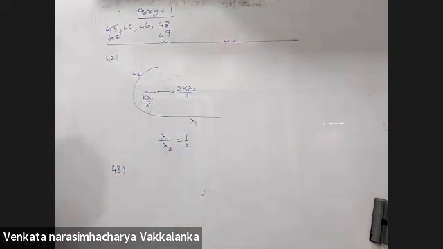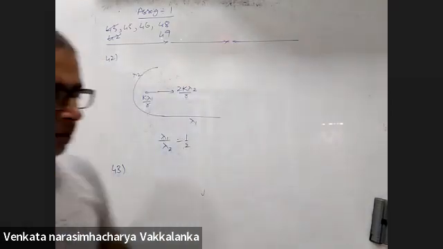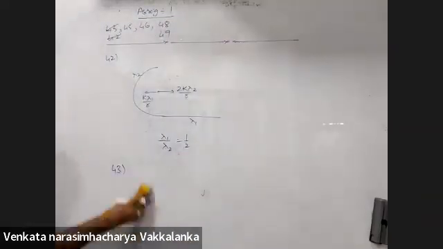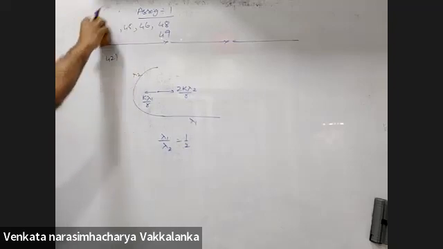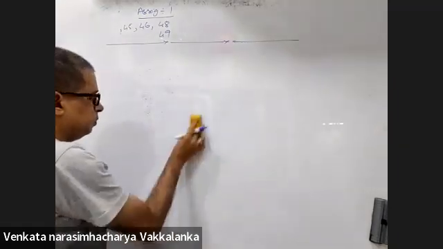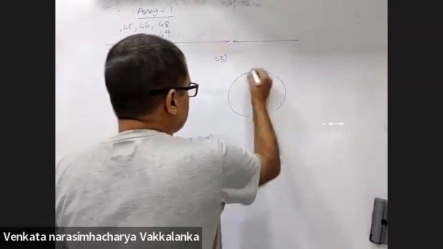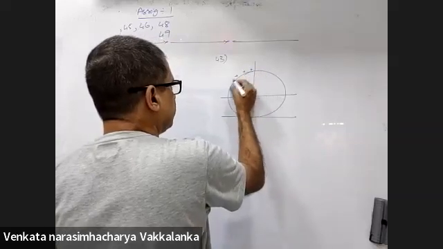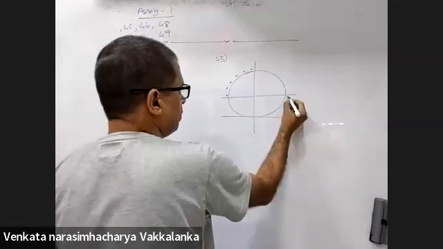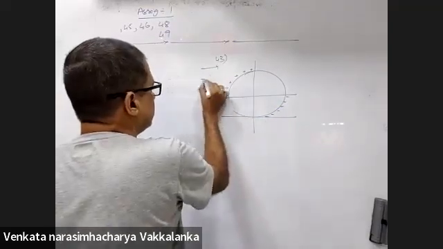43. I'll have to rub this part of the board to solve 43. 43 is slightly, it should be 2 by 1, right? You have positive charge uniformly distributed. Here you have negative charge uniformly distributed.